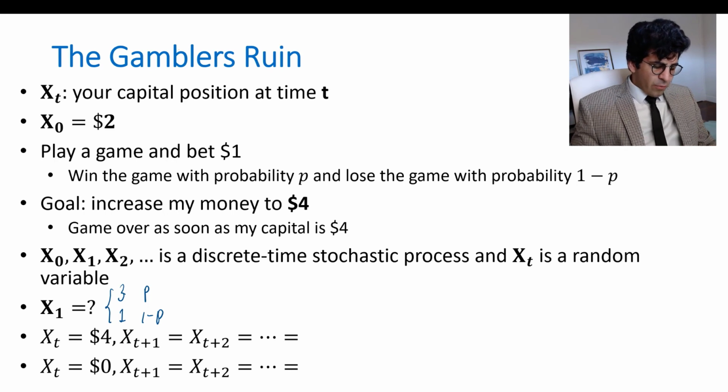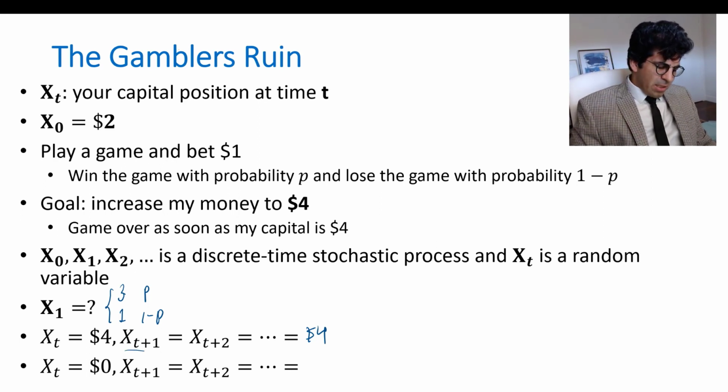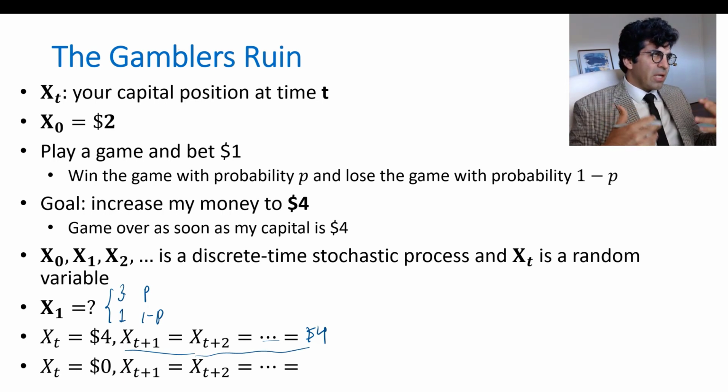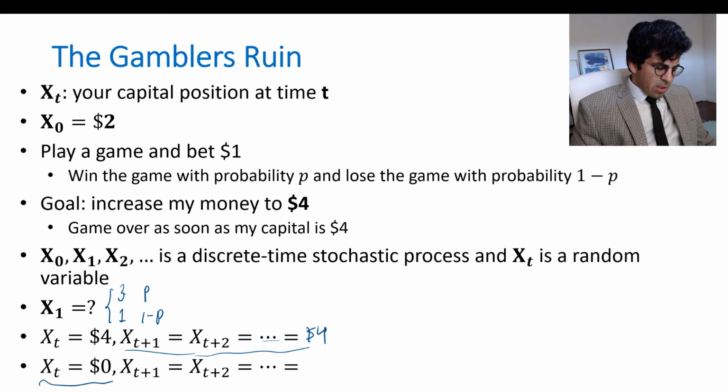So x sub t is $4, so after that, all of them are going to be $4 because you're not going to play. And they don't really mean anything because you're not going to have any time after that. There are not going to be any more rounds. Same thing with $0. At some point you lose all of your money. If at some point you have $0, after that your state is just going to be $0. All right.